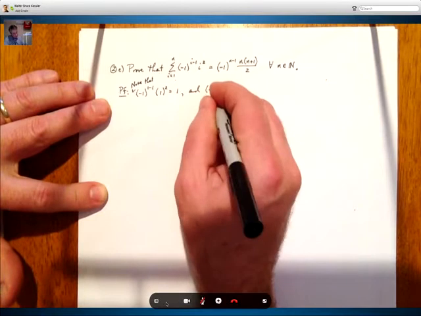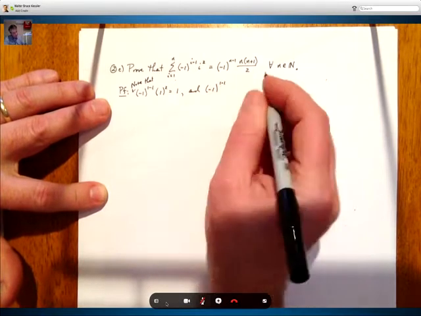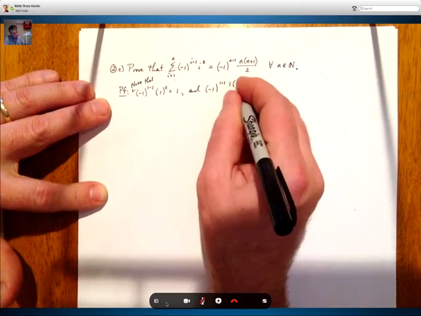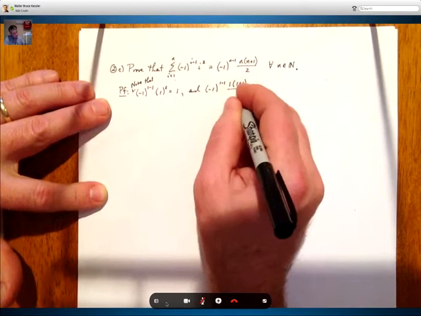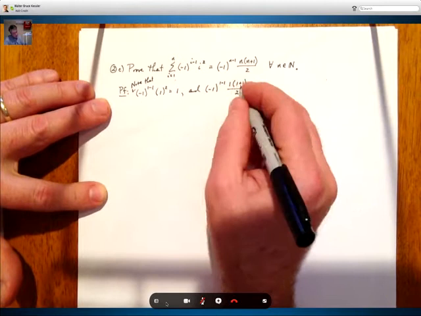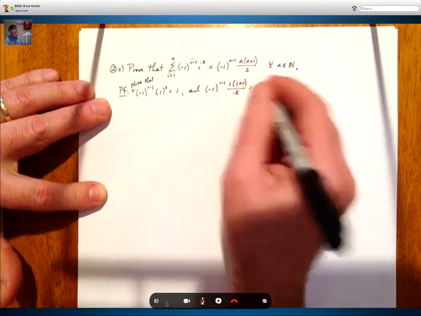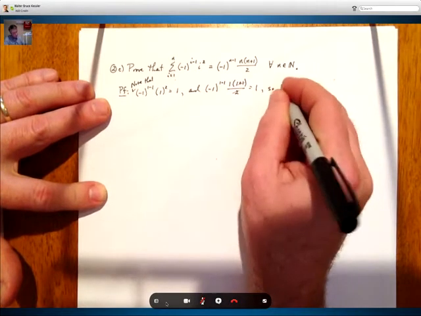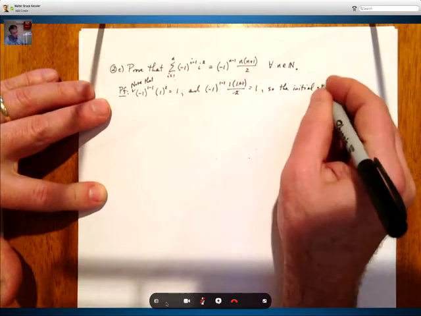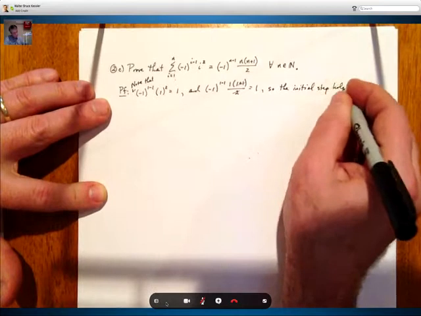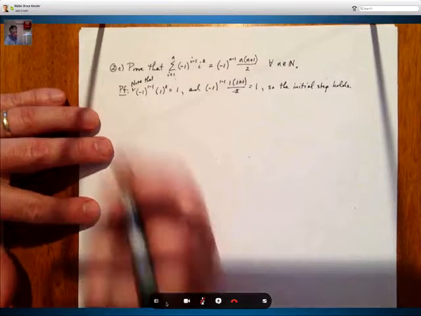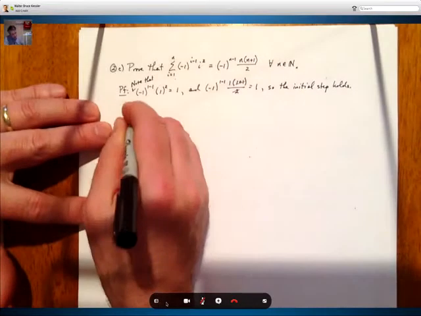And if I look at this formula now, negative 1 to the 1 minus 1 times 1 plus 1 over 2 is, well, this is positive, this is 2 over 2, so this is 1. So the initial step holds.